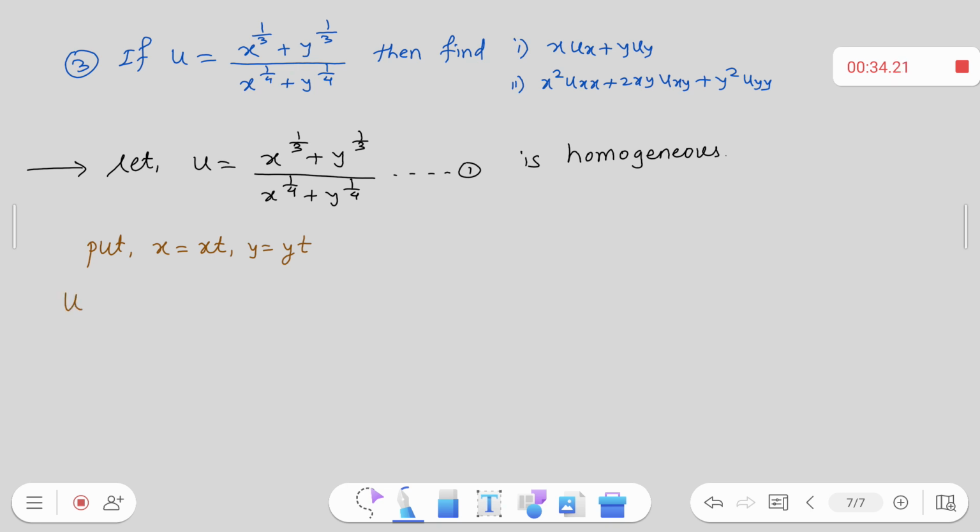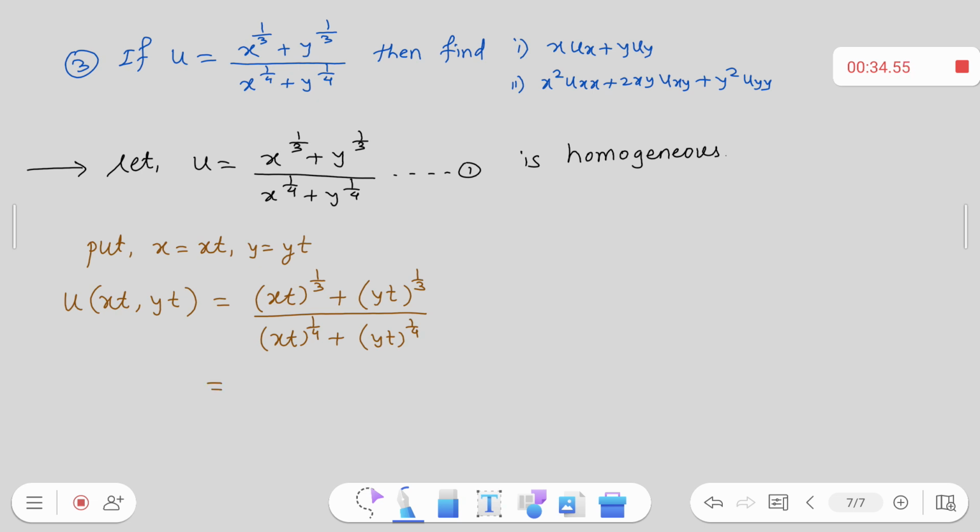So here we get u(xt, yt) as (xt) to the power 1 by 3 plus (yt) to the power 1 by 3 upon (xt) to the power 1 by 4 plus (yt) to the power 1 by 4.